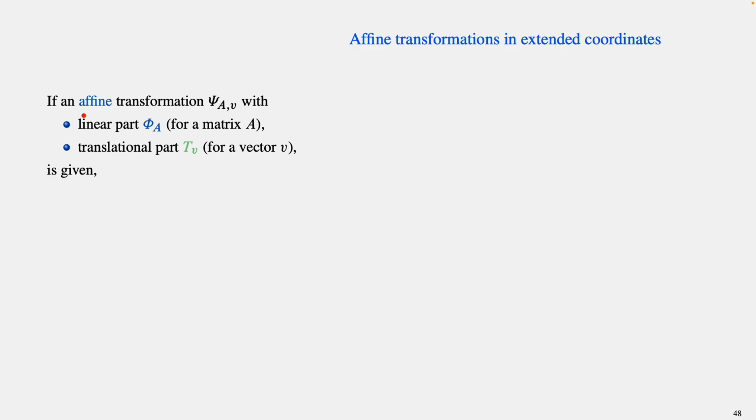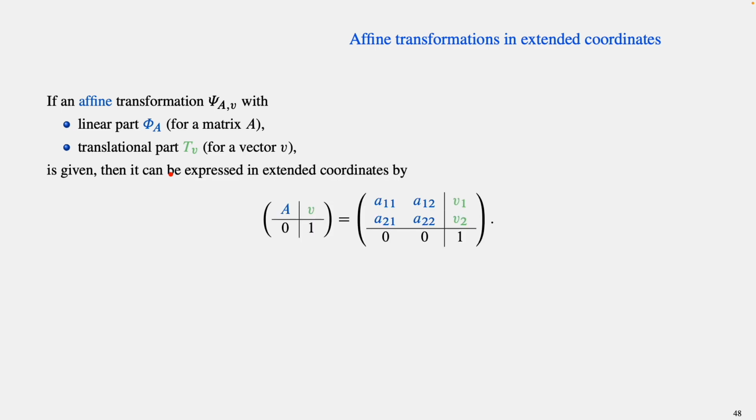If we're given an affine transformation psi a v, where this means that the linear part of psi is given by the linear map phi a, so given by multiplying with the matrix A, and the translational part is t index v, so v is the translation part of this affine transformation, then we can express this in extended coordinates by writing it like this.